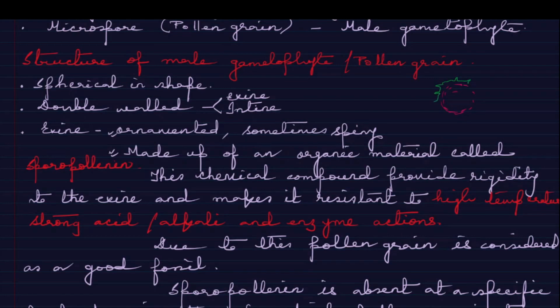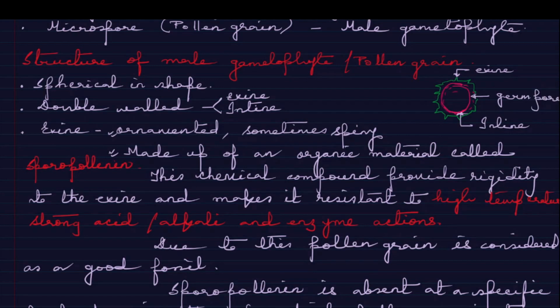Spiny, ornamented, that means I am drawing the exine. The inner wall is called the intine. So the pollen grain is double walled, and here I am labeling the exine, and this is the intine, and here will be the germ pore.